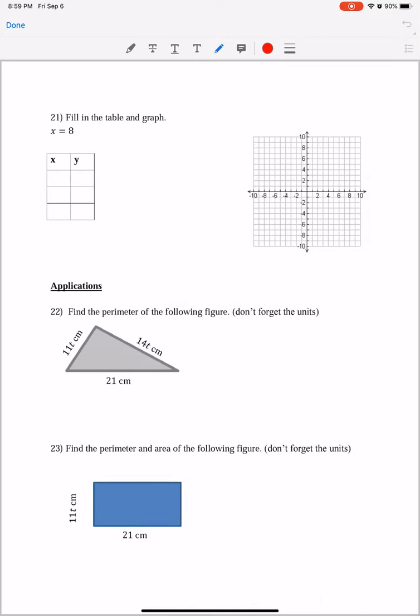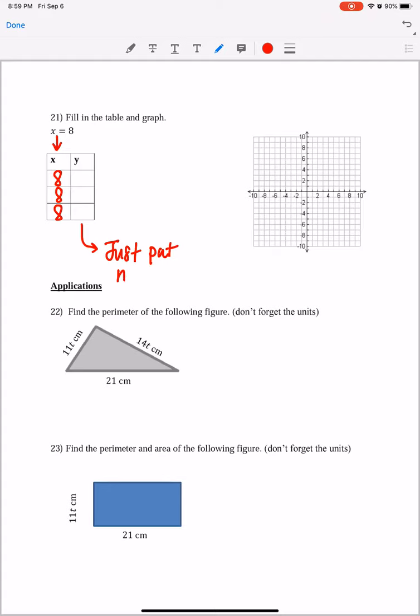Vice versa on this one here. You don't have the table filled out at all, but we don't need help on this one, guys. They are telling you x equals 8. So on your x column, we are putting in what x is, which is 8. So then here, just put numbers.